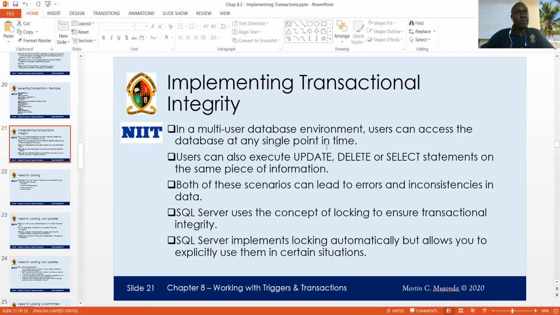But the next time, while the first transaction had not yet committed data, the second query was able to produce some results. This will explain how that happens. So SQL Server implements locks automatically, but you can manually set locks for particular instances.